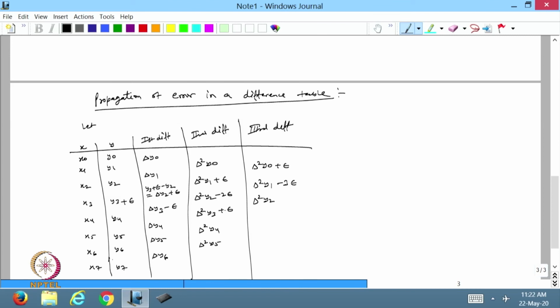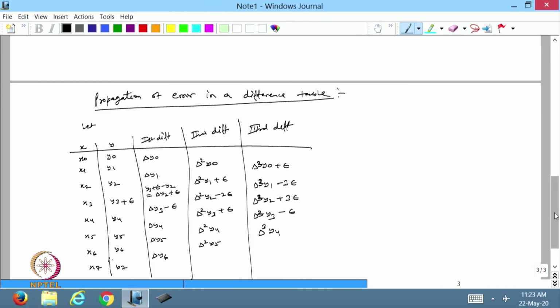Y 2, this minus this plus 3 epsilon. This minus this will be del square, del cube, sorry. So, this is cube. So, y 2 and then y 3, this minus this. So, it will be minus epsilon and then y 4. So, that value is given.